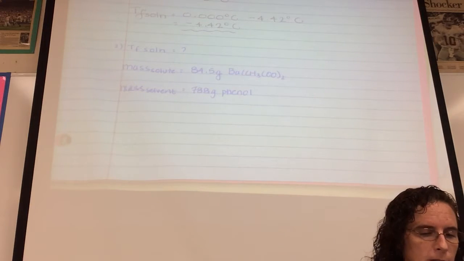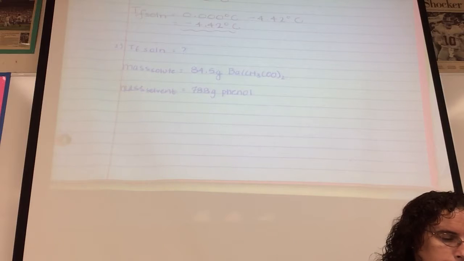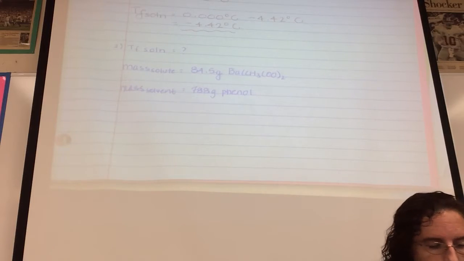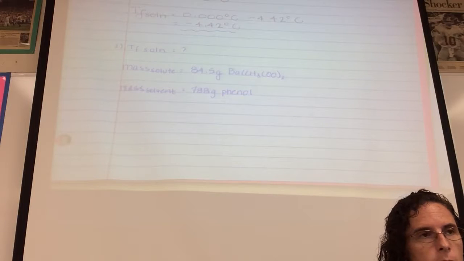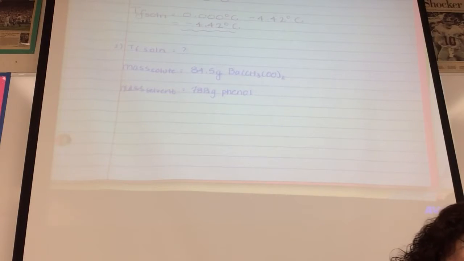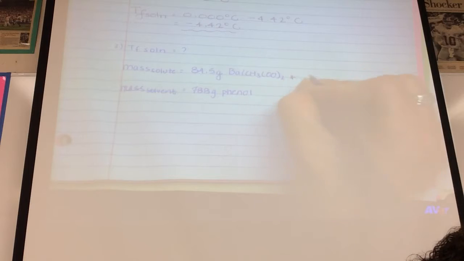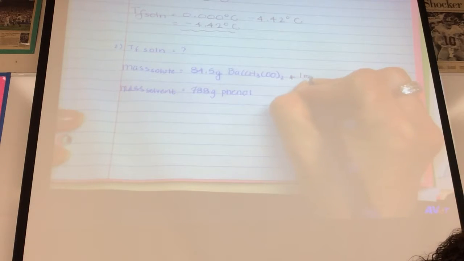And what's the first thing that you will do? There's a number of places you actually can start. Let's get moles here. Be careful with acetates. They're sometimes difficult to add up.